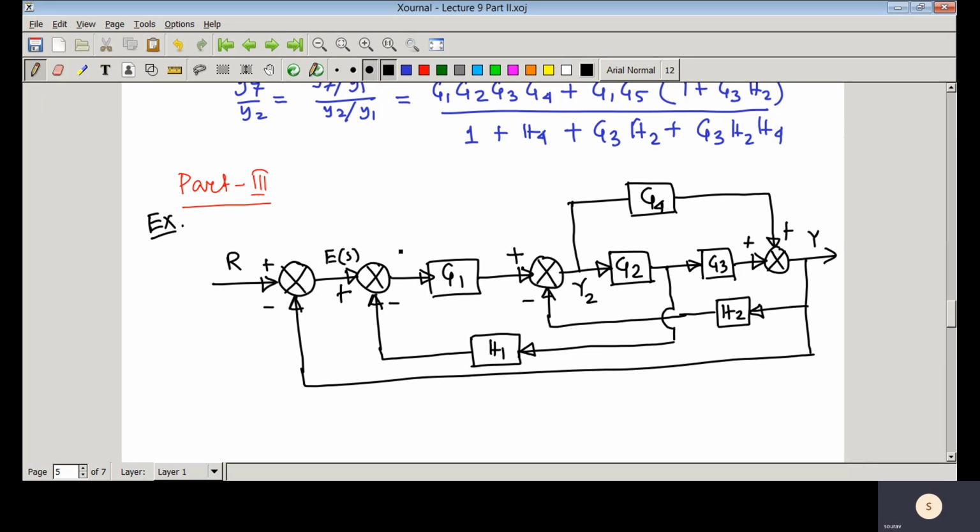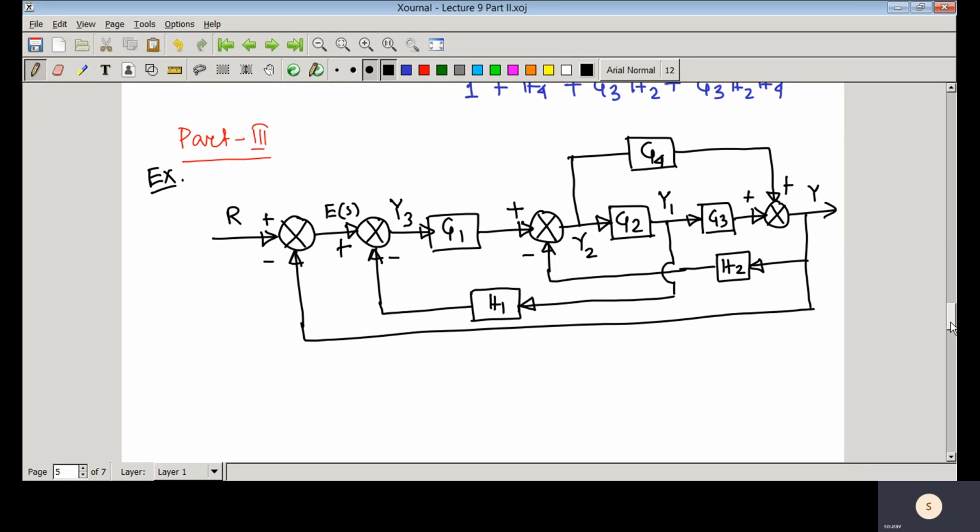From there we will find the transfer function. This variable is defined as Y3, this is Y2, and you have another variable, Y1. These are the transfer functions. So suppose you have this block diagram representation of a closed loop system. Now our objective is to present this closed loop control system using a signal flow graph.